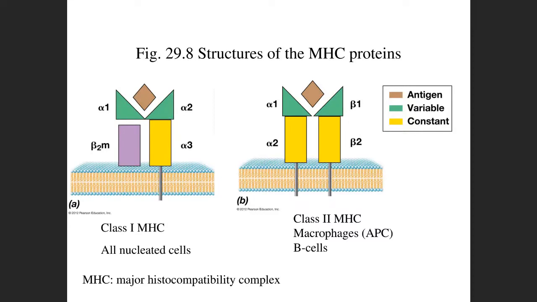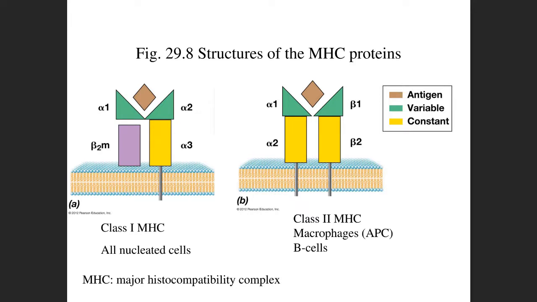Remember, these are the ones that can be activated by T helper, and the T helper recognizes this class 2. So all the cells have class 1, including the B cell and the macrophage. So macrophage can also be killed, the B cell can also be killed, but for the rest of the cells, if they present an antigen, they will be killed.